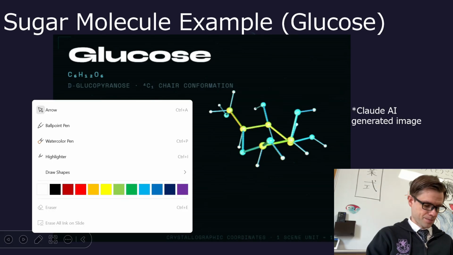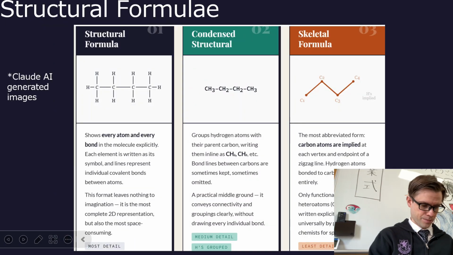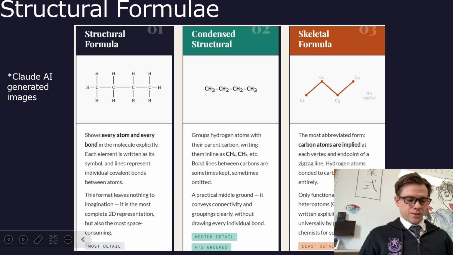All right. So how do we draw and describe organic structures? It's really important. It's one of the things that we're going to be focusing on in this section. So there's different kinds of formula. There is the structural formula, where you would kind of just draw a Lewis structure.